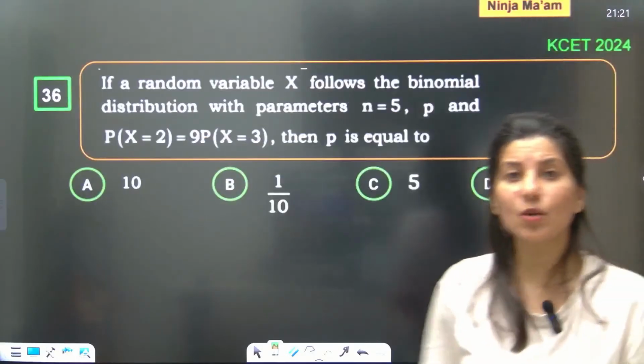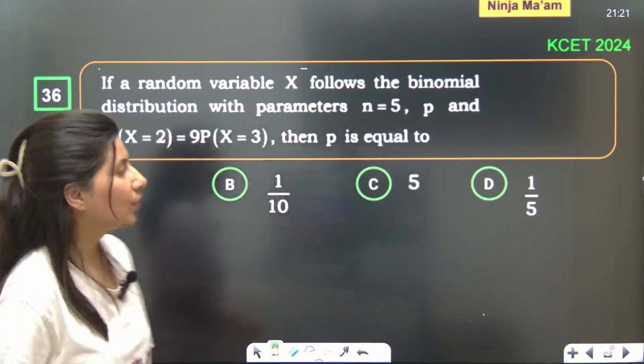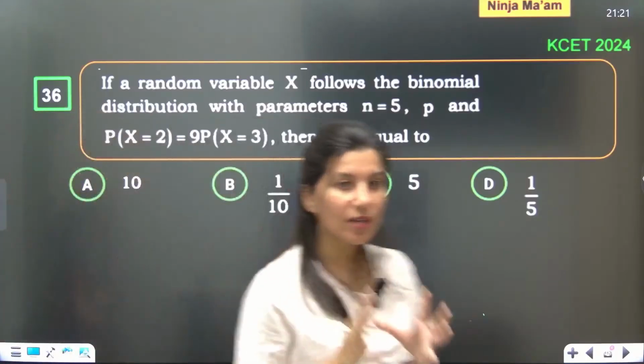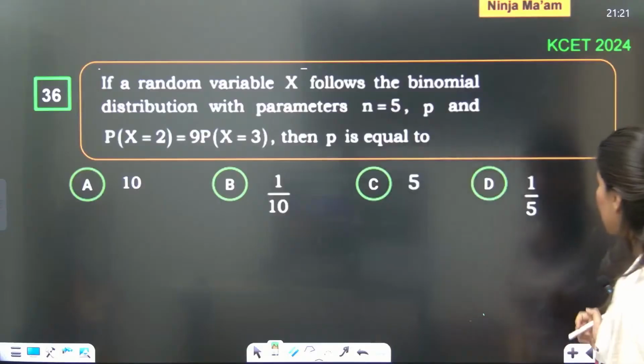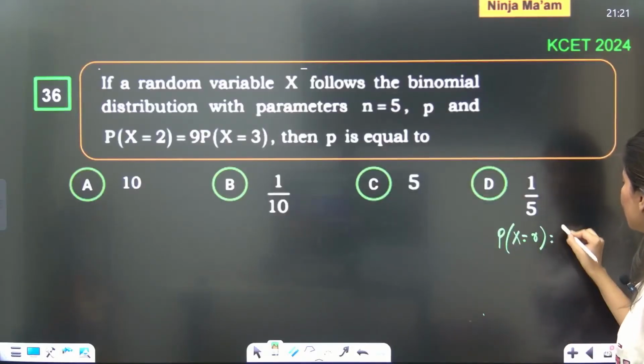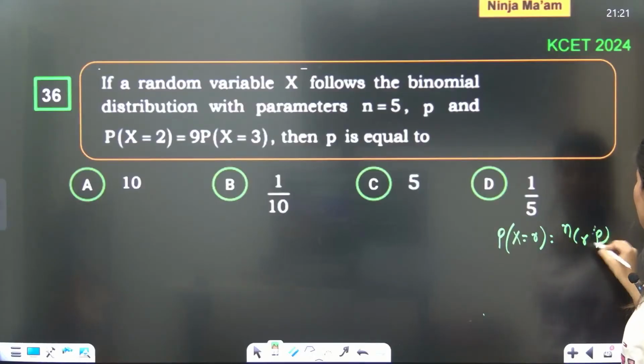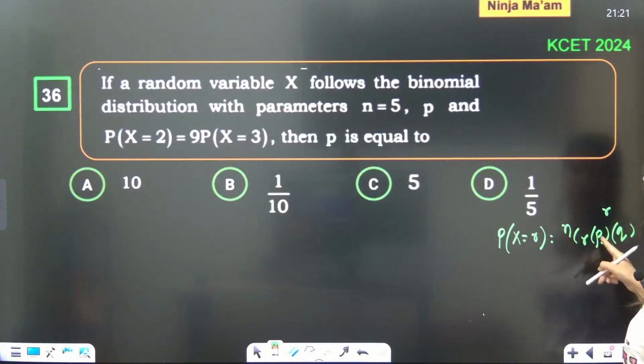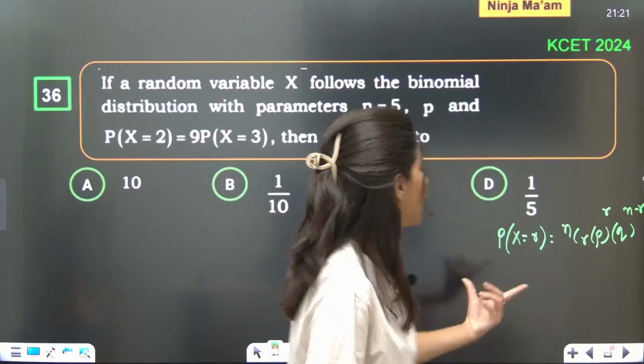This question is based on binomial distribution. The formula for binomial distribution: the probability of r successes will be nCr, probability of success power r, and probability of failure power n minus r. This is the formula.